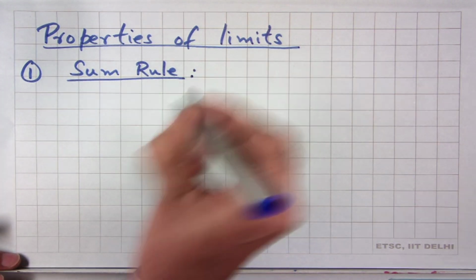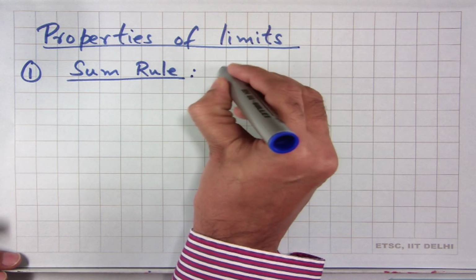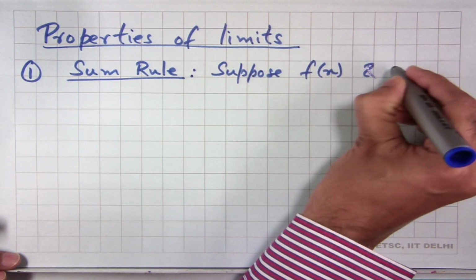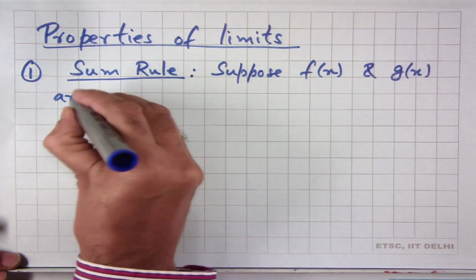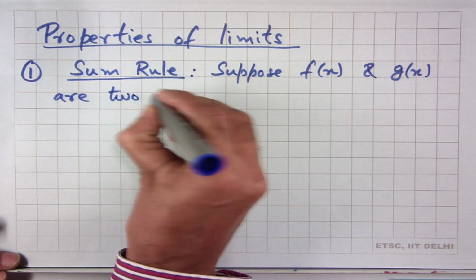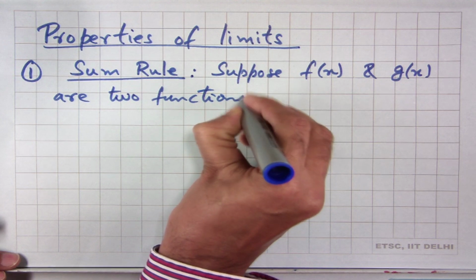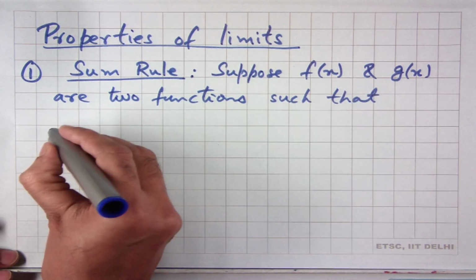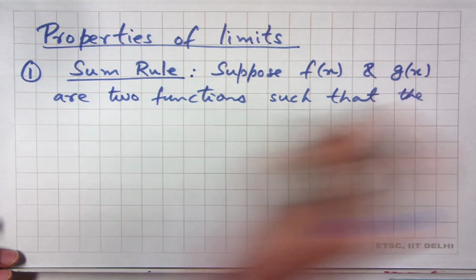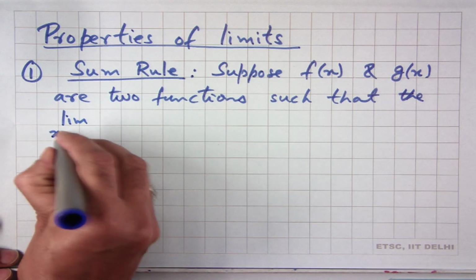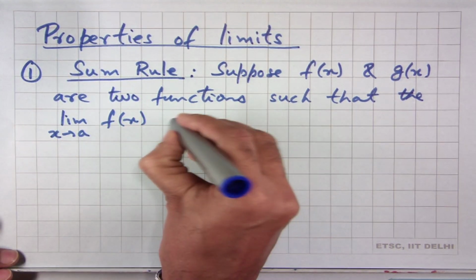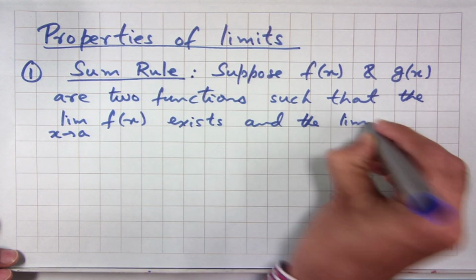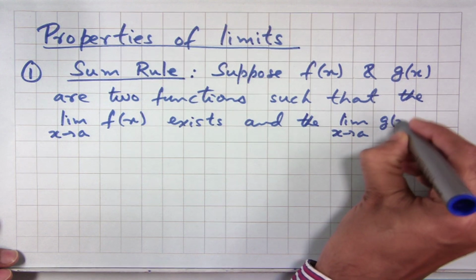This says that suppose f x and g x are two functions such that the limit as x going to a of f of x exists and the limit as x going to a of g of x also exists.